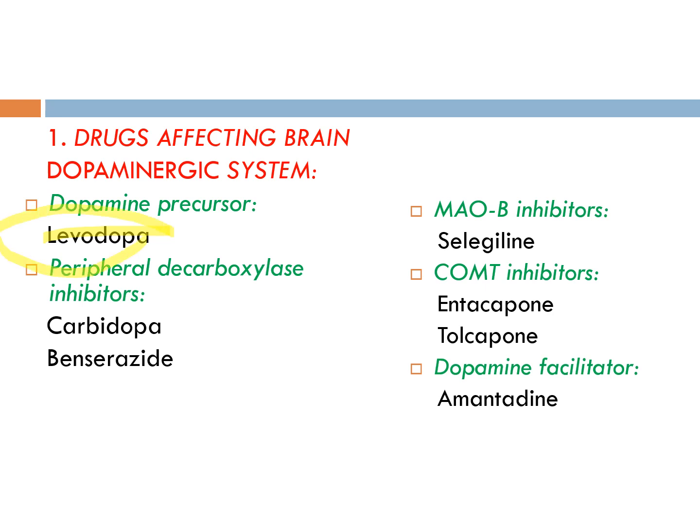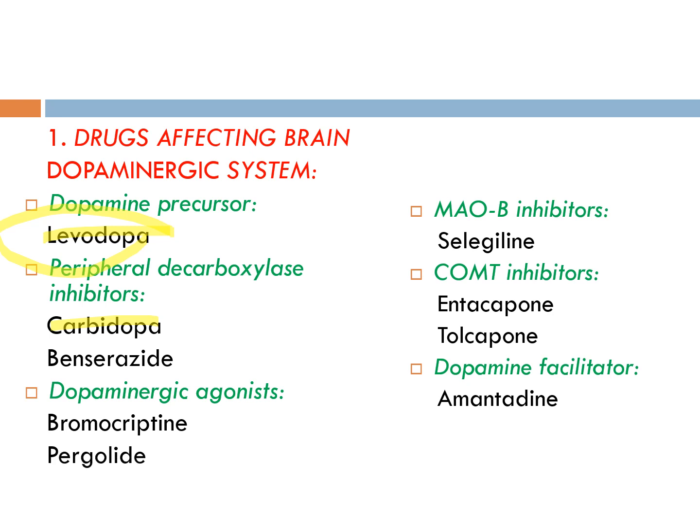Then we have peripheral dopa decarboxylase inhibitors, in which the main drug is carbidopa, and benserazide. Then we have dopaminergic agonists like bromocriptine, then pergolide and pramipexole. Then we have MAO-B inhibitors, in which we have selegiline.